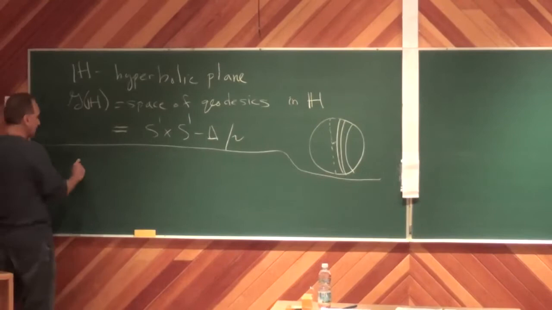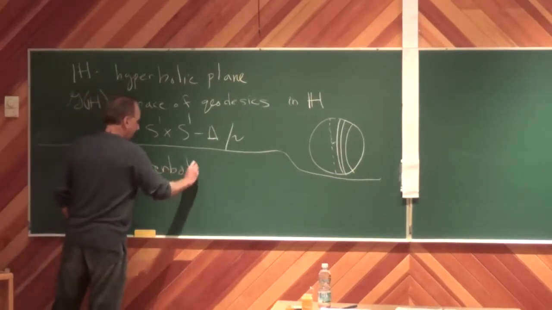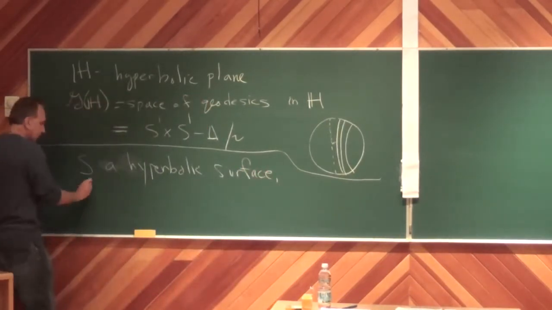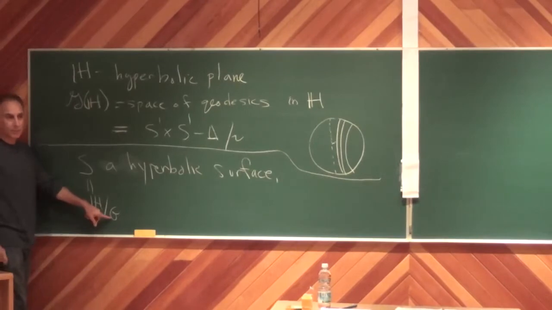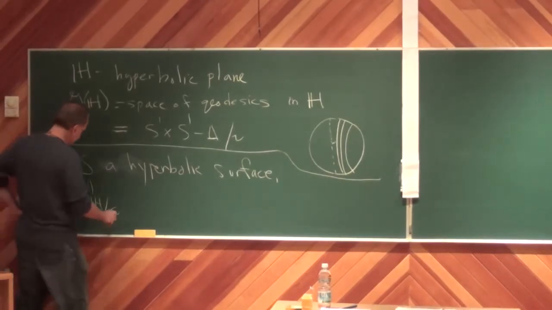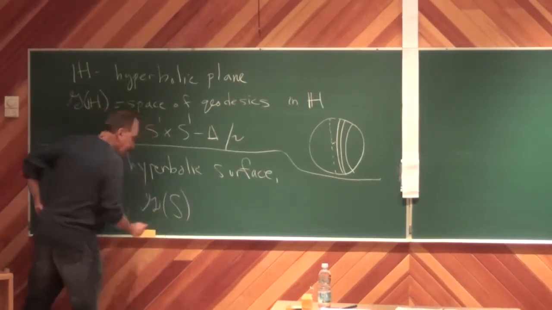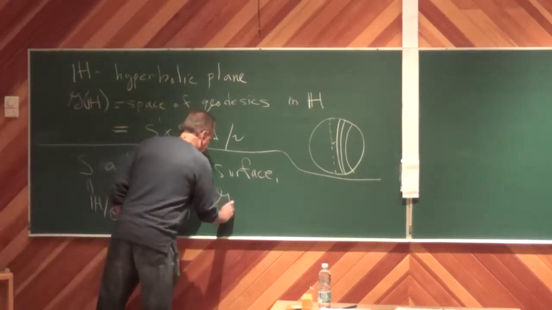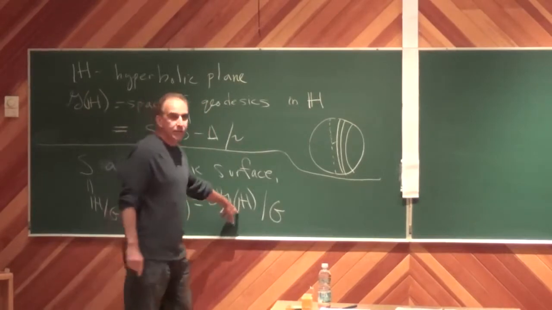So if we have a hyperbolic surface S, a hyperbolic surface, any type, well, if we think of S as the hyperbolic plane mod a torsion-free discrete subgroup of isometries, then we could define the space of geodesics on the hyperbolic surface as, well, you take the space of geodesics on H and you mod out by the action of the group on the geodesics.